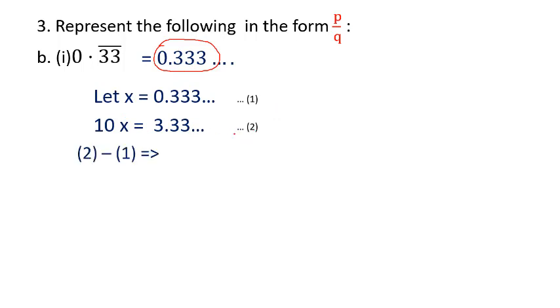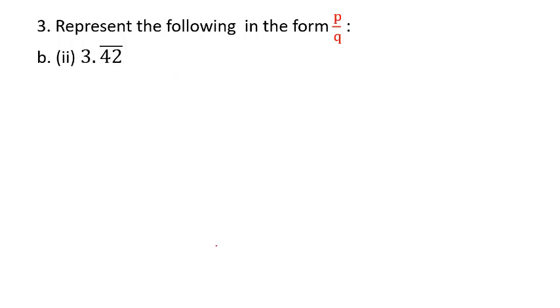Now subtract equation 1 from equation 2. 10x minus x, you'll get 9x. 3.333 minus 0.333, if you subtract you'll get 3. How? After subtracting, this decimal portion will be removed completely, so only the remaining part, 3, will be left. Hence 9x equals 3, x equals 3 by 9, and dividing by 3 we get x equals 1 by 3.